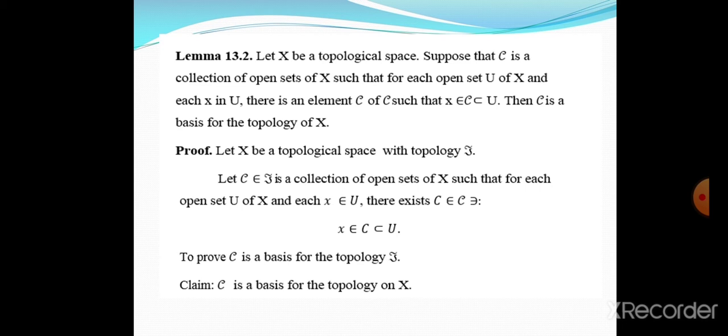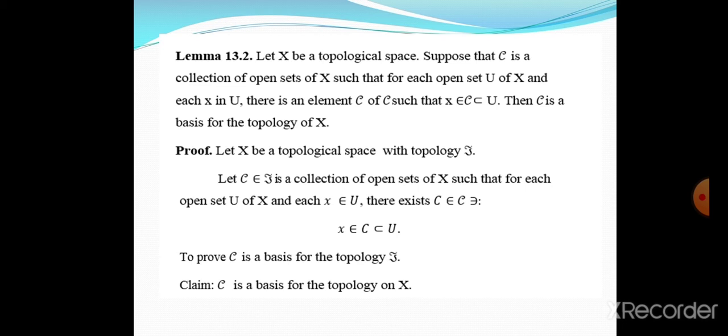Next, let small c belongs to tau, where script C is a collection of open sets of X such that for each open set U of X and each small x belongs to U, there exists C belongs to script C such that x belongs to C, which is a subset of U. This is already given in the statement.